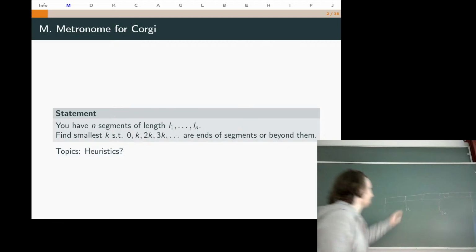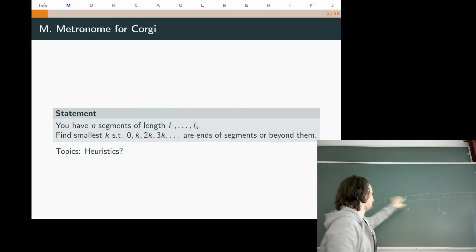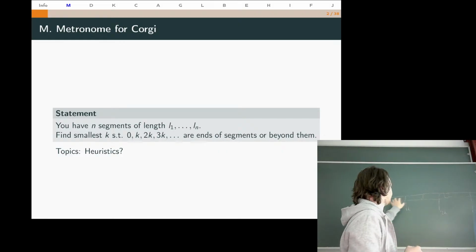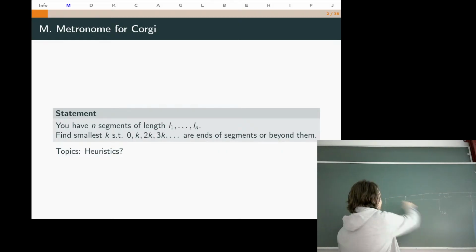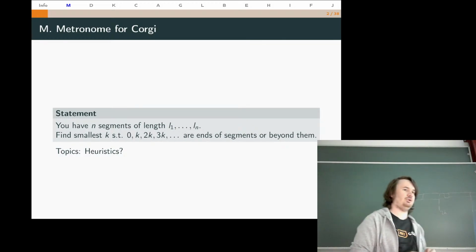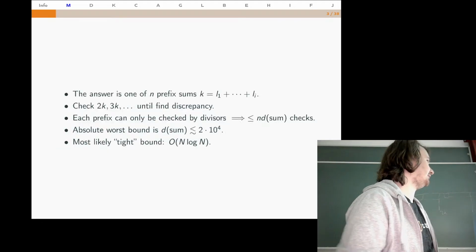It is important that within each segment of length k, there is a whole group of segments from the input that fit inside. So, for example, if there was a segment that goes over the boundary of length k, this will be forbidden. So, the solution to this problem is basically just to implement this check.